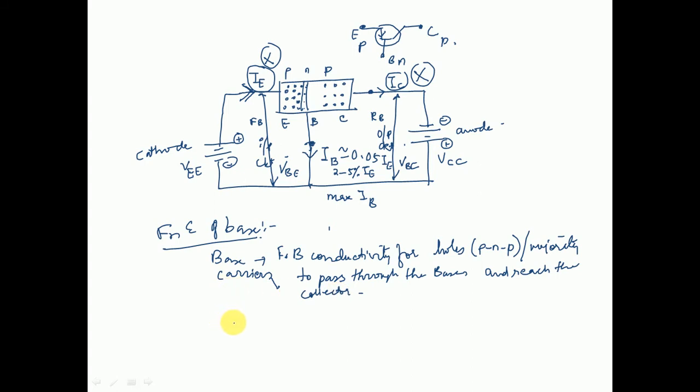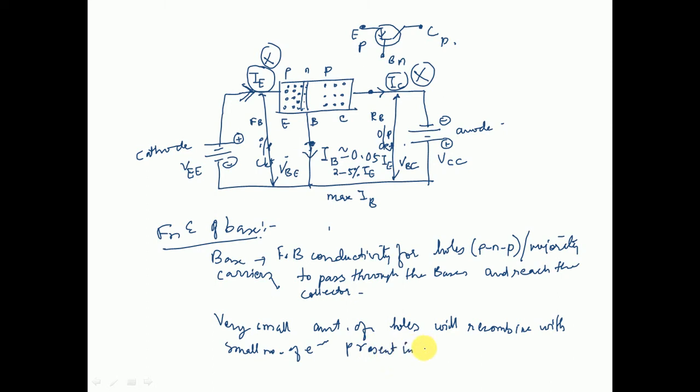Please write down, a very small amount of holes will recombine with a small number of electrons present in the base. Why so?